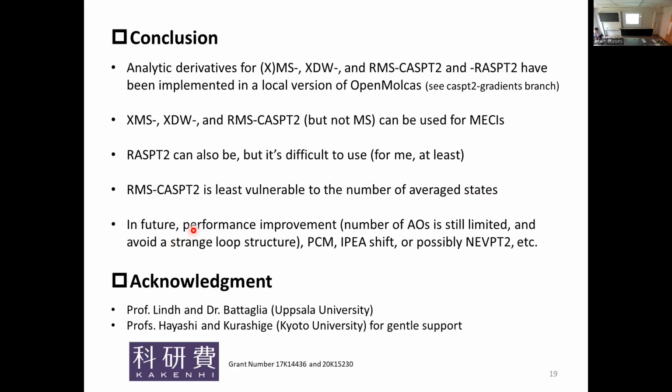In future, I need to do some performance improvement because the number of AOs is still limited, and I definitely want to avoid a strange loop structure, and other things may be done, possibly. I would like to thank Roland and Stefano because they helped me a lot in the development and for all. Thank you very much for your kind attention.